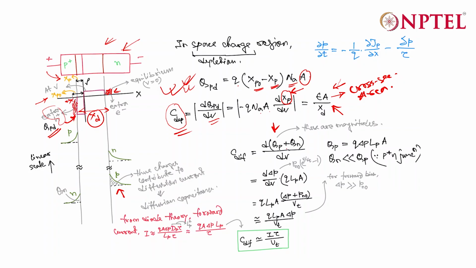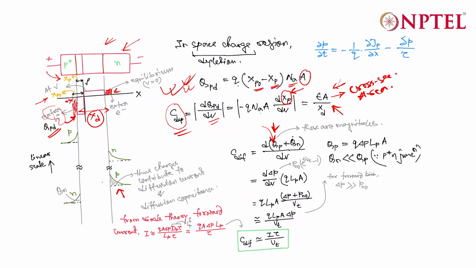We don't consider the sign associated with the charges. Even though these two are different charge-wise, one positive and another negative, we only consider the magnitude of these charges. So your diffusion capacitance will be d(Qp plus Qn)/dV.